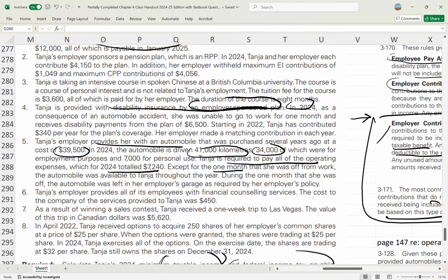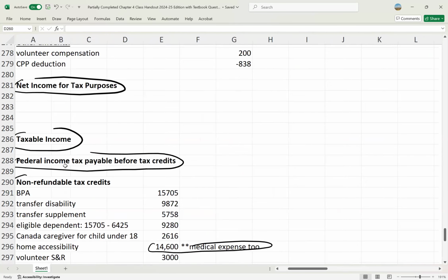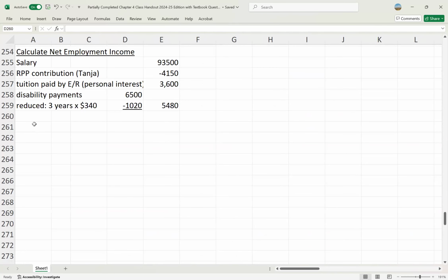And during the 1 month that she was not using the car, it had to be left in her employer's garage as required by her employer's policy. So we know that there's going to be some sort of standby charge that we have to include here.